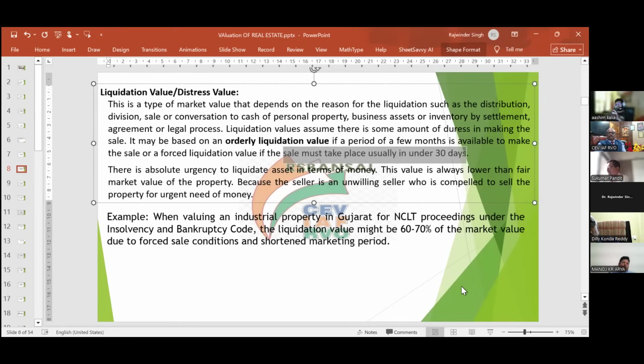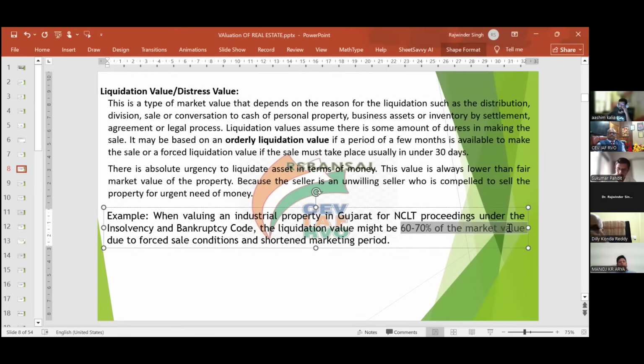But in the case of forced liquidation value, it has to be sold within 30 days. For example, when valuing an industrial property in Gujarat for NCLT proceedings under the Insolvency and Bankruptcy Code, the liquidation value may be 60 to 70% of the market value due to forced sale conditions or a shortened marketing period.